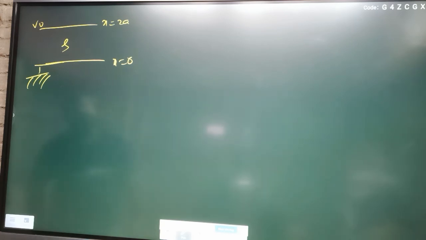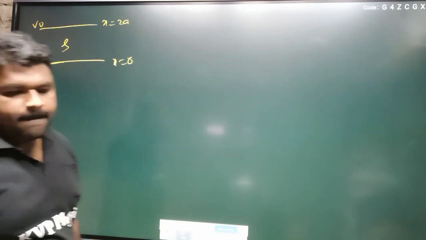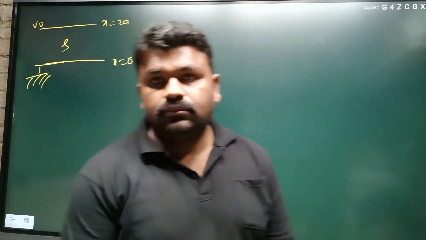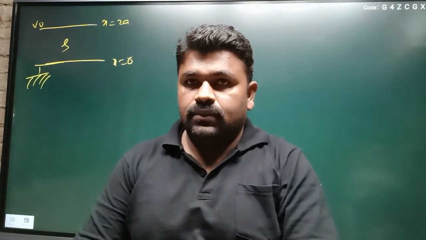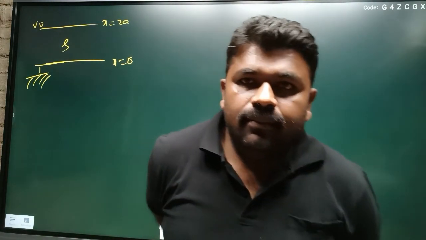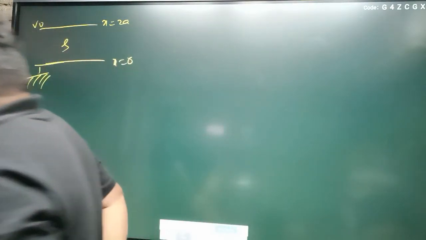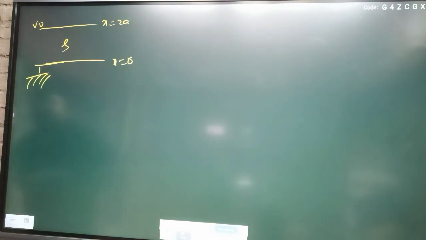Yes, potential and rho relation. Here x is given, means the system is 1D. Means here we can use the Cartesian system. Yes or no?